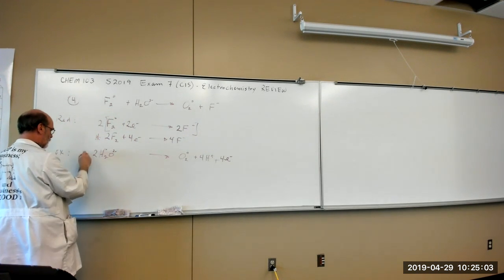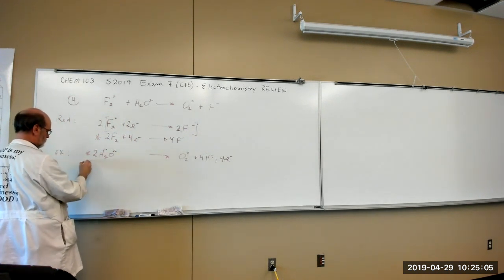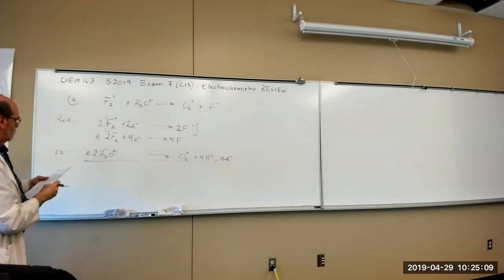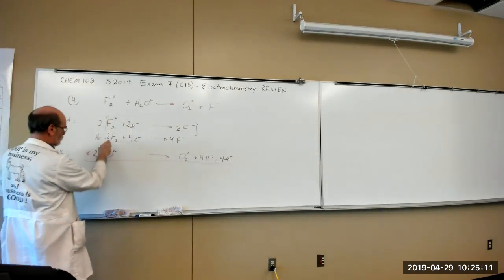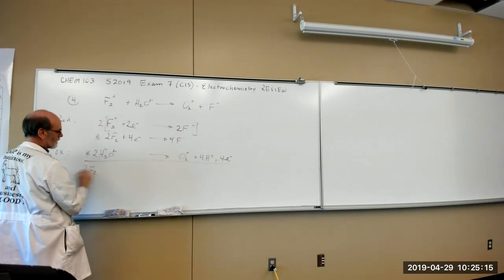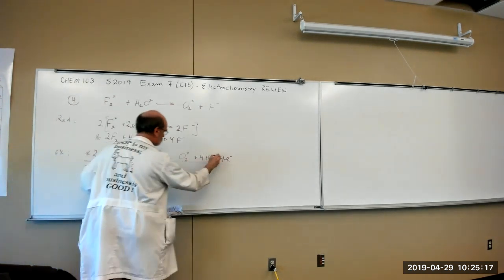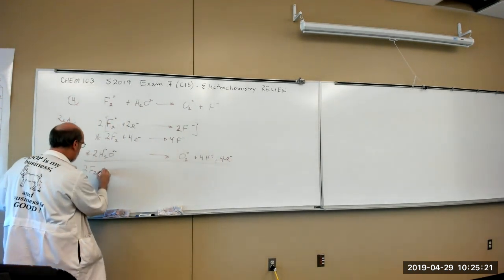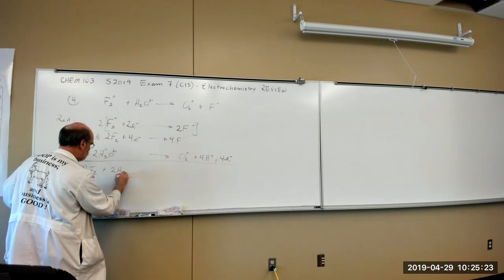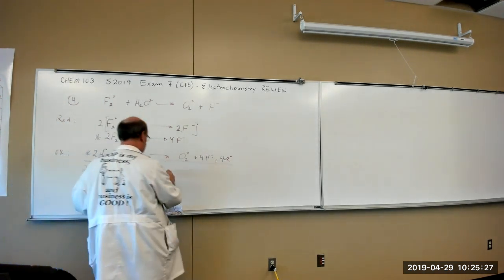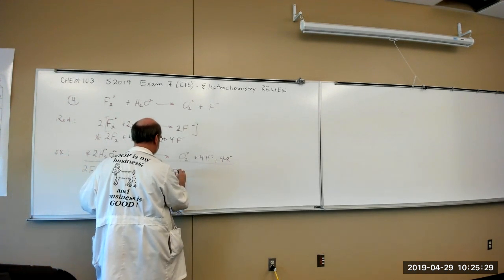So we're going to add that one to this one. 2 fluorines, electrons cancel, just throw those out, and 2 water yields. So all you wanted to do is make the electrons balance.